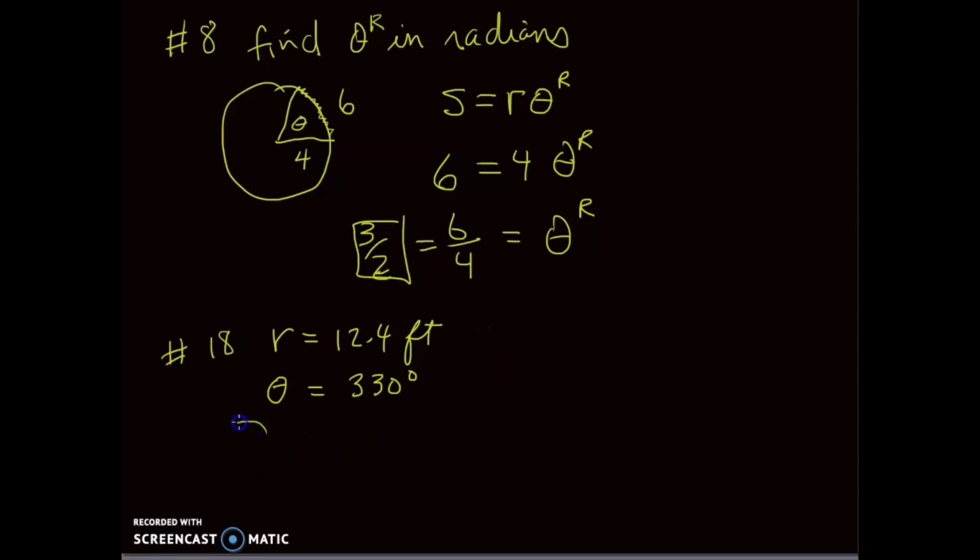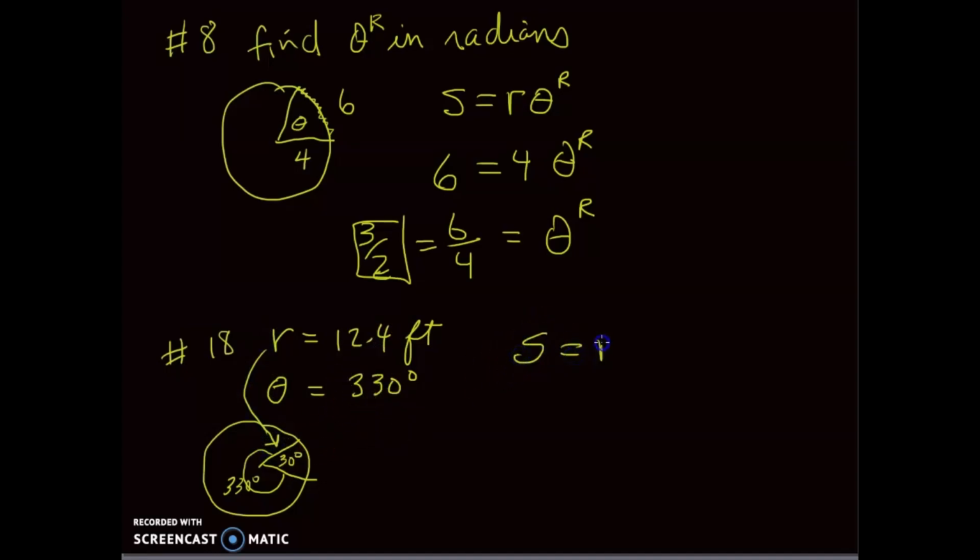So let's draw our picture. 330 degrees, let's start it here, goes all the way around until we get, so there's 30 degrees left, right? If this is 330 degrees, this must be 30 degrees. The radius is 12.4 feet.